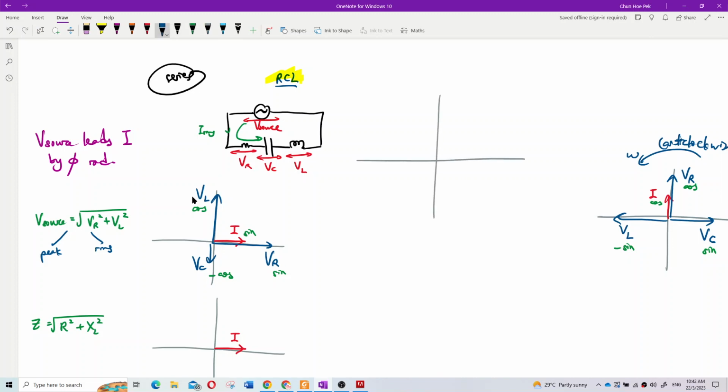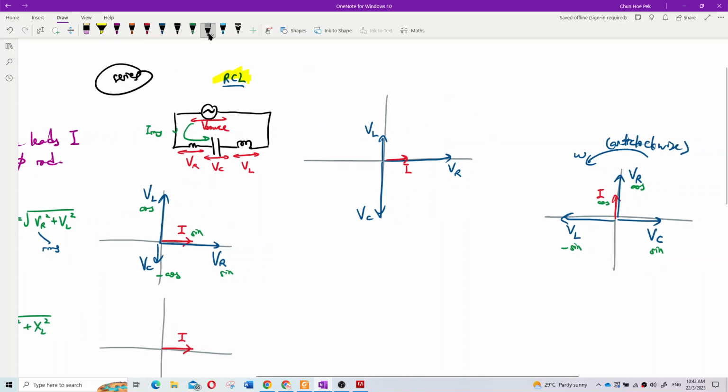So it can be VL at the top here, VC at the bottom here, and then VR here. Or sometimes they can be the same length. If the same length, that is called resonance.